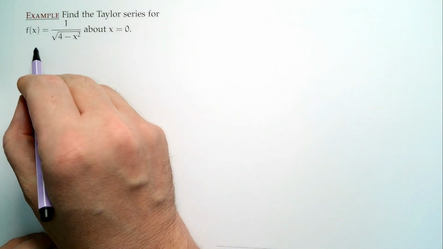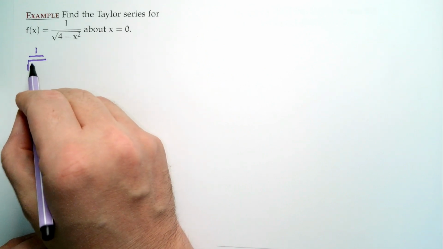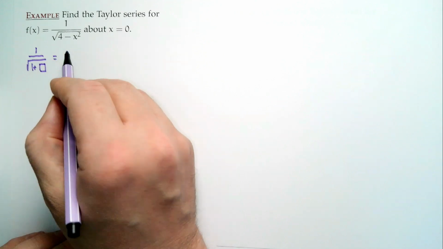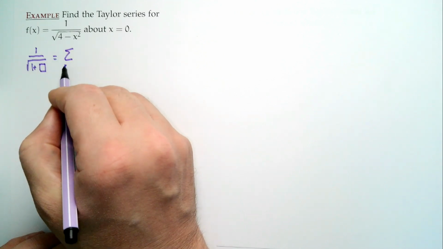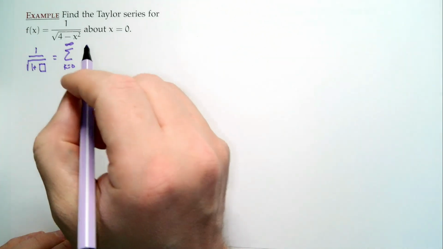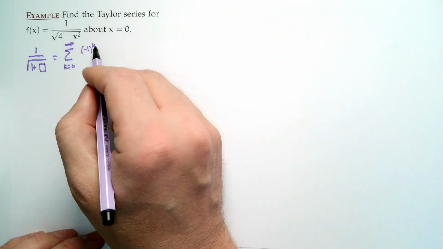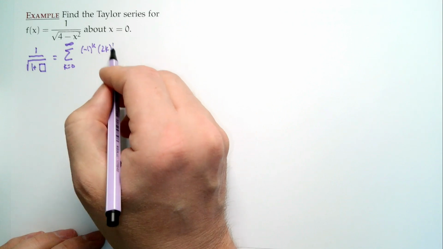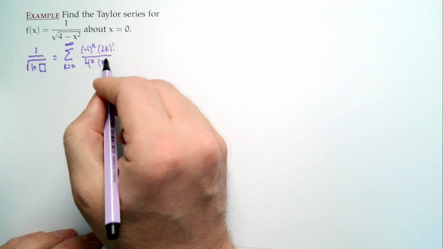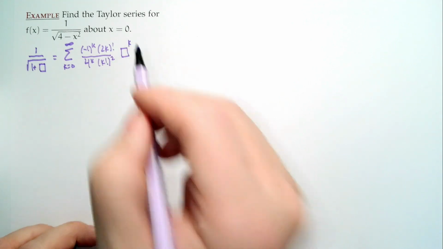I'm going to write this as 1 over the square root of 1 plus something equals the summation k equals 0 to infinity of minus 1 to the k, 2k factorial, divided by 4 to the k, k factorial squared, times something to the k.